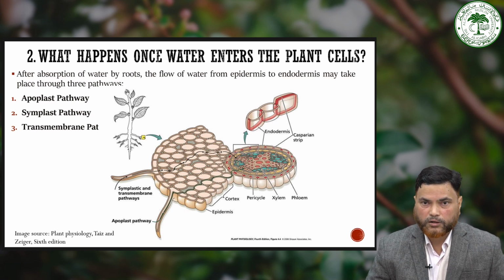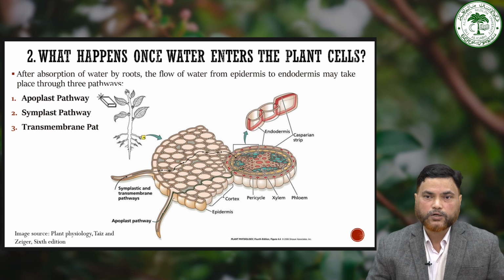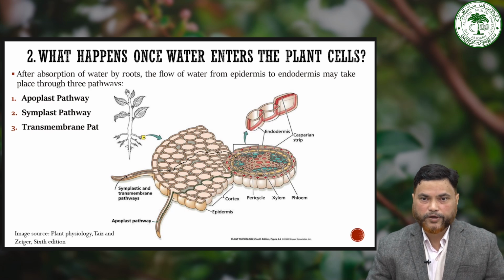So, after the water is absorbed by the roots, the flow of water from the epidermis to the endodermis may occur through these pathways. One is the apoplast pathway.